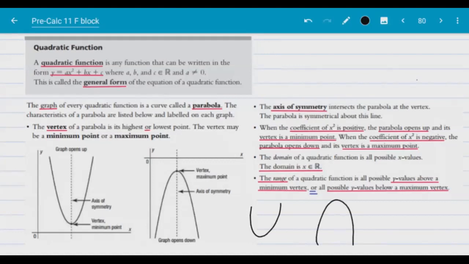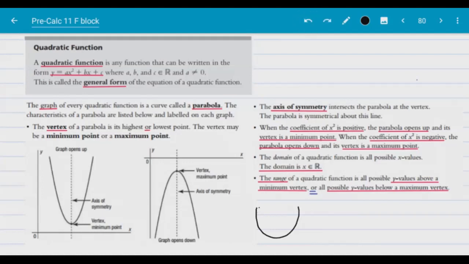So let's clarify that a little bit. If it is going up, you will notice that it is going up to the left and it's going up to the right. It is going to the left as it goes up. It is going to the right as it goes up. Okay, I hope that makes sense.